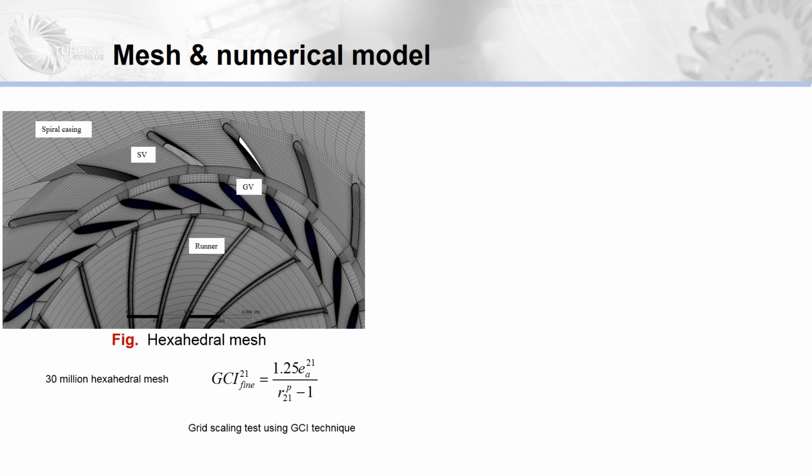For this, three different meshes were created: coarse, medium, and fine. The error from the medium grid to the fine grid was less than 1%, while the error was measured for efficiency, head, and torque values. And for the overall study, the fine mesh with 30 million hexahedral elements was used.